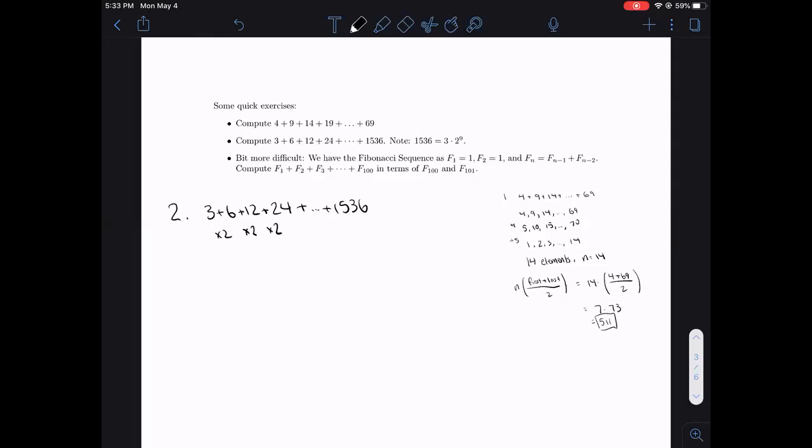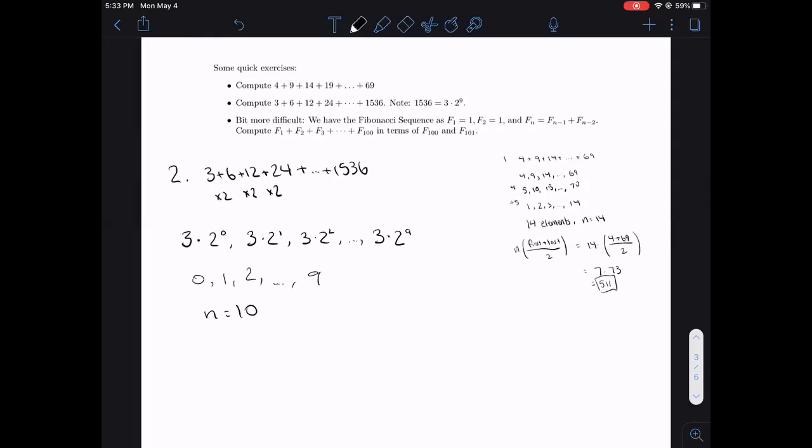To see this easily, we write them in this form. So look at the exponents now. It goes 0, 1, 2, all the way to 9. So n equals 10.